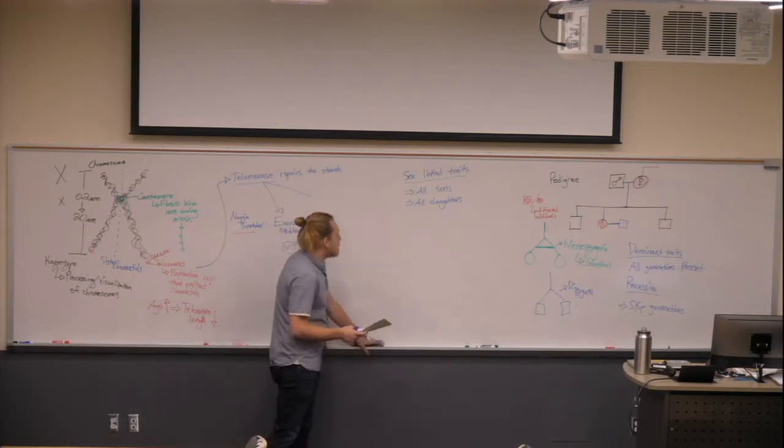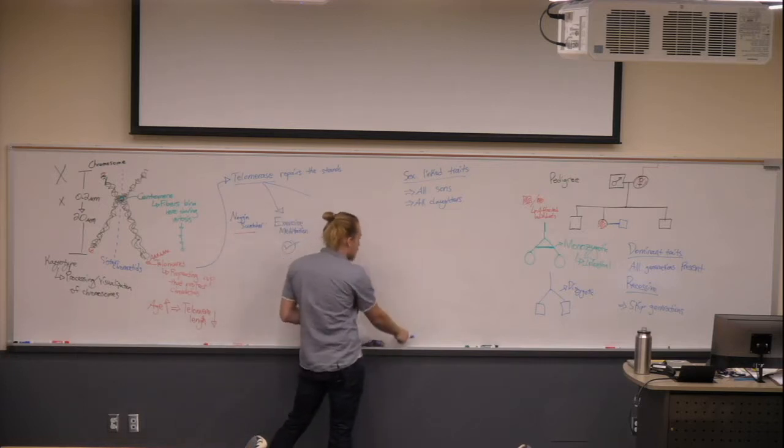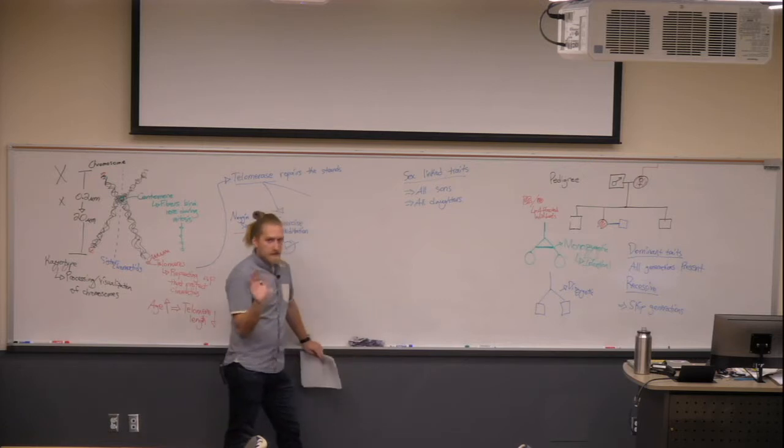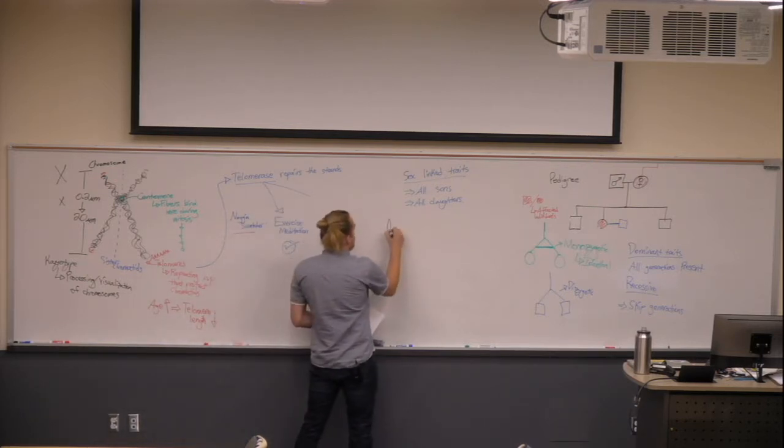Moving on. I'm not going to spend a whole lot of time on mutations. I've talked a little bit about them in the DNA replication lecture, but they're worth noting.